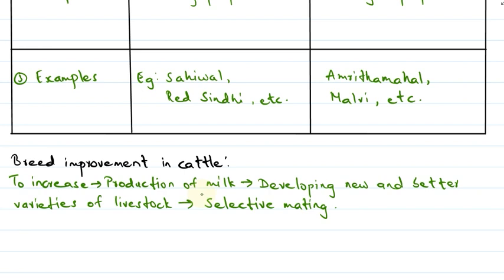What is selective breeding? How can we define it?